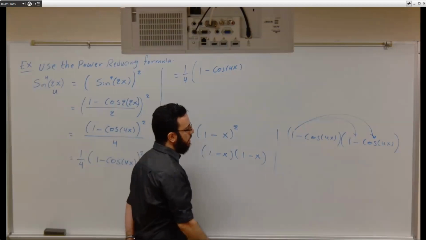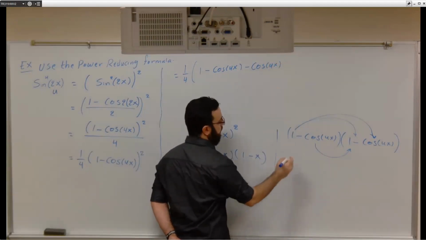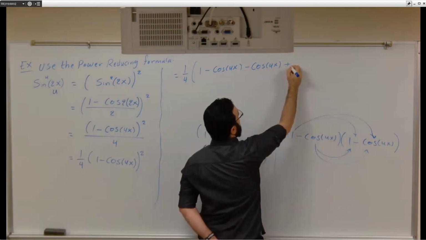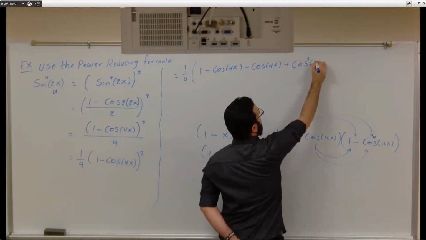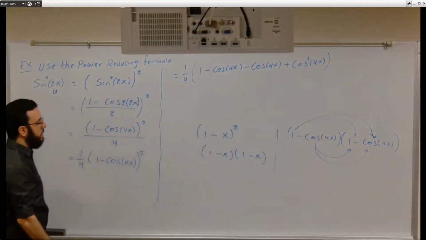Then negative cosine 4x times 1, so minus cosine 4x. Negative cosine 4x times negative cosine 4x is going to be plus cosine squared of 4x. Yes or no?